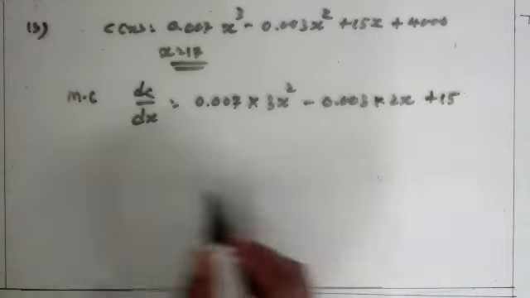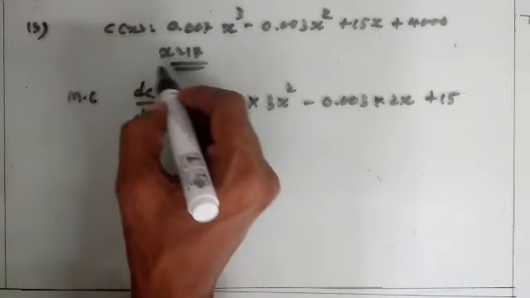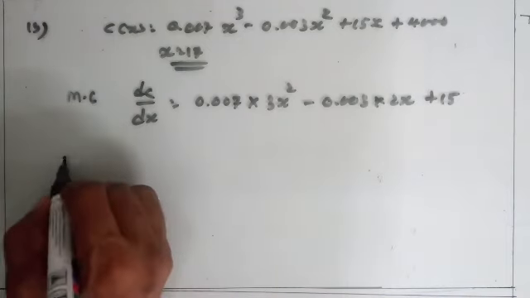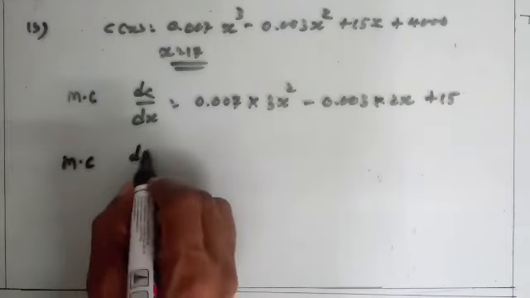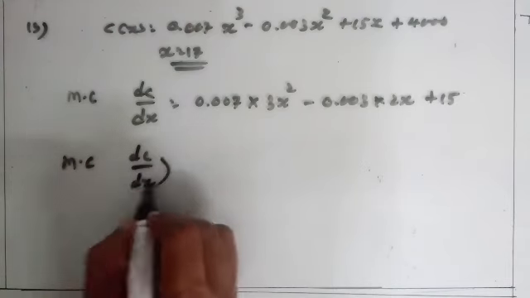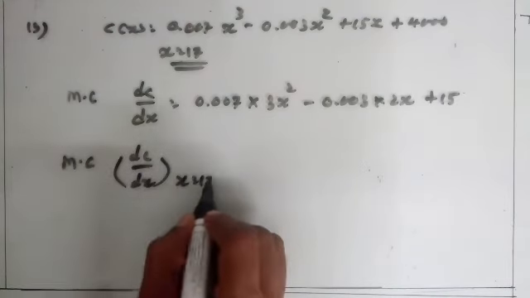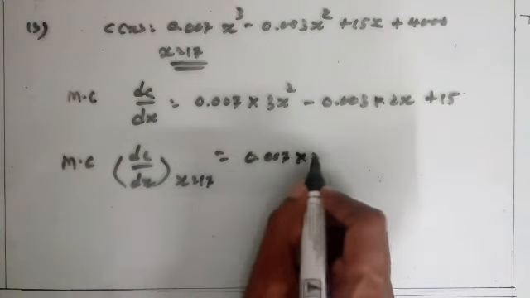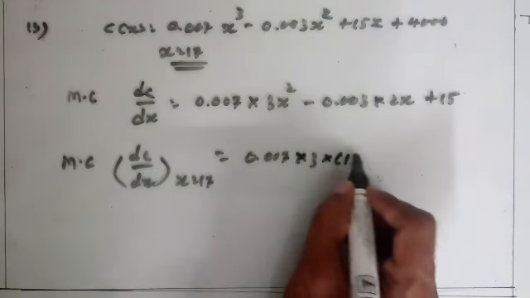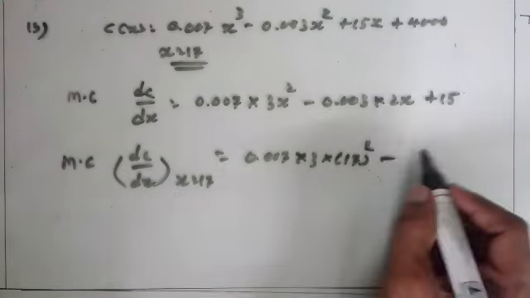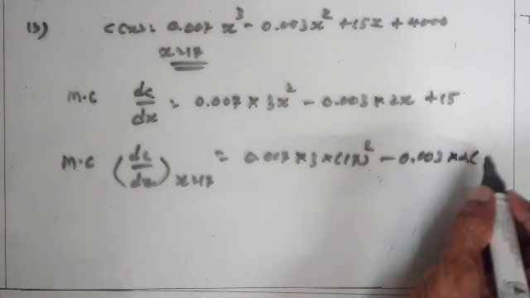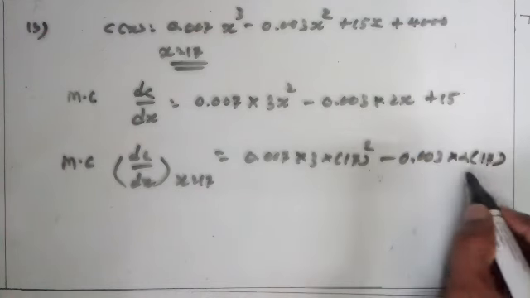Clear this? Now marginal cost when x is equal to 17. So marginal cost when x is equal to 17 is 0.007 into 3 into 17 square minus 0.003 into 2 into 17. Clear? Plus 15.